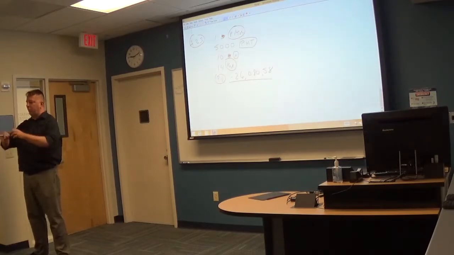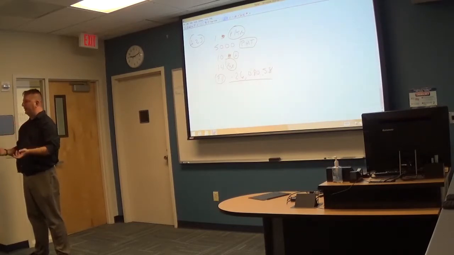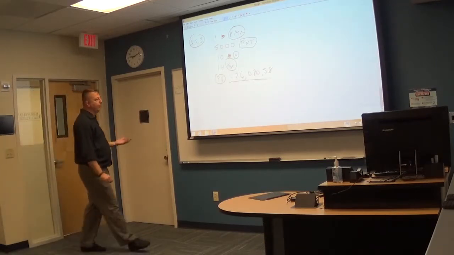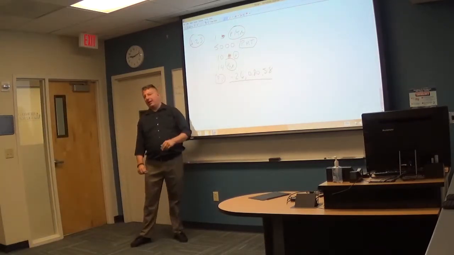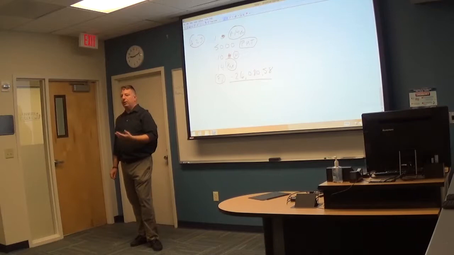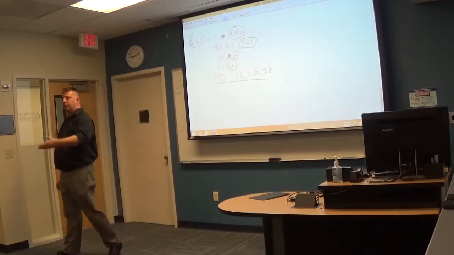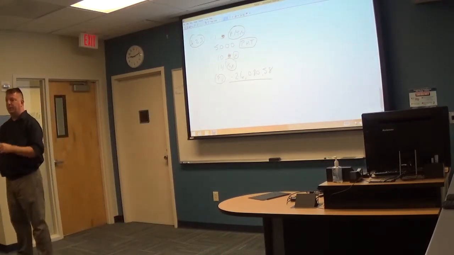So, while the wording may be based upon mortgage loans and that sort of thing, you can twist them and turn them into virtually any kind of application that may be of use to you. Where would you maybe want to know what the present value of a lease is? Well, obviously, if you're doing a retail center. Why would you want to know the present value of the lease?